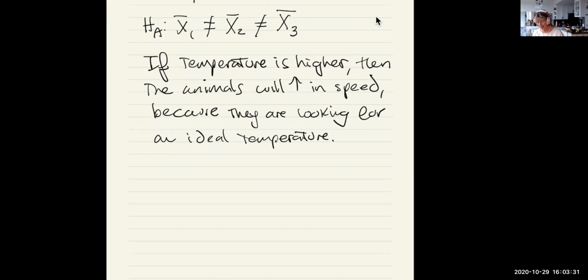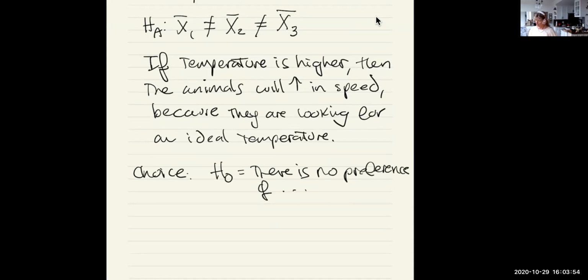So that's about the means. Now about the choice experiment. Well, in essence, for a choice experiment, the null hypothesis is the animals have no preference of whatever it is you've decided to test them on.